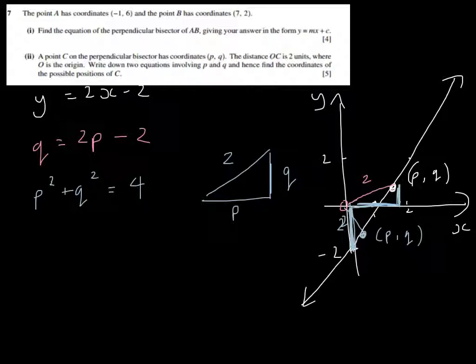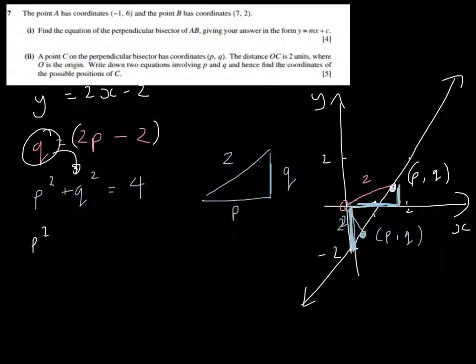Okay, so now we've got two equations with two unknowns, and what we've got to do is put them into one equation that's either only in P or only in Q. So you should not be surprised to find out that that's going to be a quadratic. So what I could do is substitute that Q there with all of 2P minus 2.